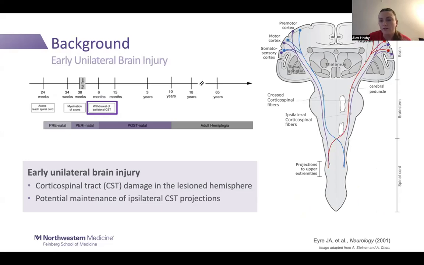But what happens if there's an injury early in development? So you can see here that red is kind of just signifying an injury. That may be a stroke, that may be an enlarged ventricle pushing on the motor pathways during development. What can happen is now the body does naturally get rid of that purple pathway, that ipsilateral pathway.